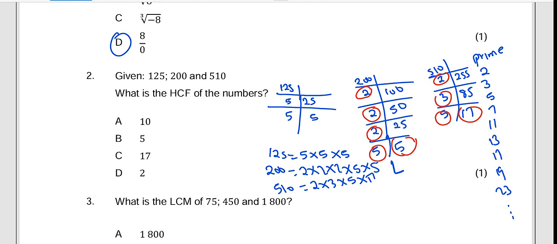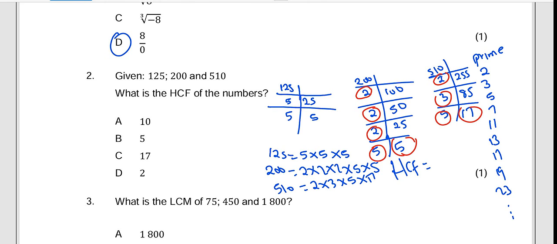Guys, when we look for the highest common factor, we need to look for the prime numbers that are in 125, in 200, and in 510. If there are two, we multiply them. But if it is one, we take it as it is.